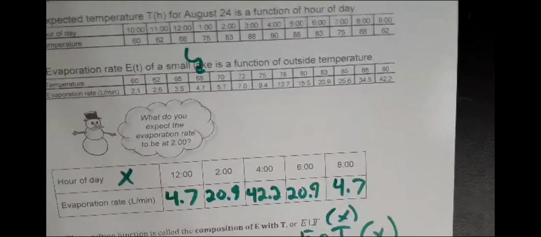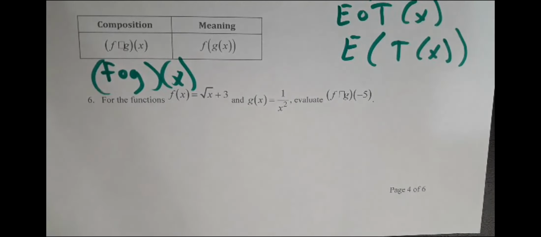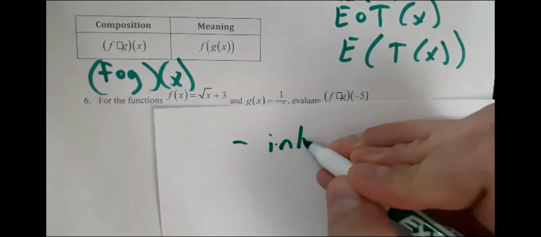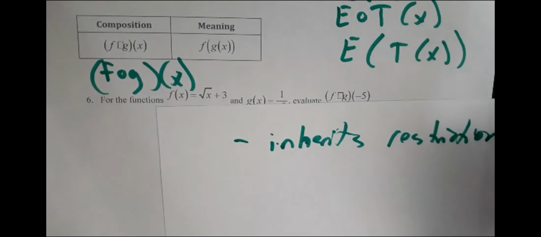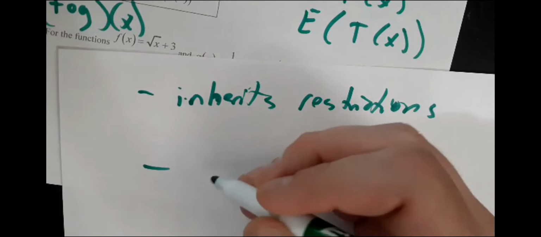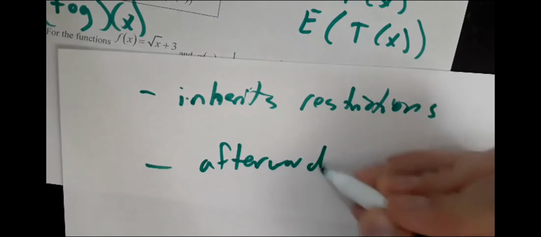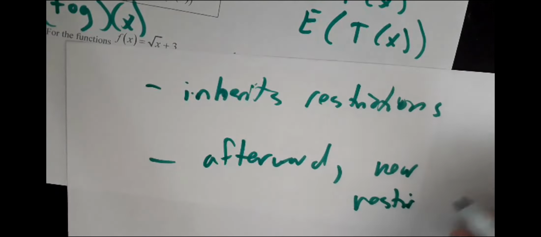Okay, so let's jump to the domain on the next one. Finding the domain on these composites is a little bit different. There are two sort of things we have to look at. It will inherit restrictions. And then after we do the composite, we're going to have to look for new restrictions.